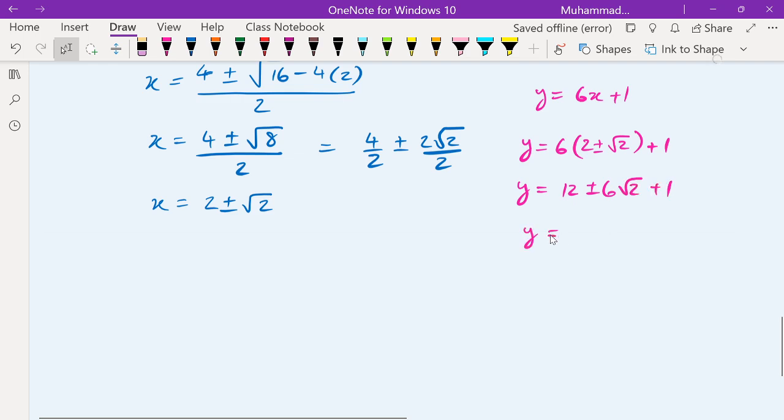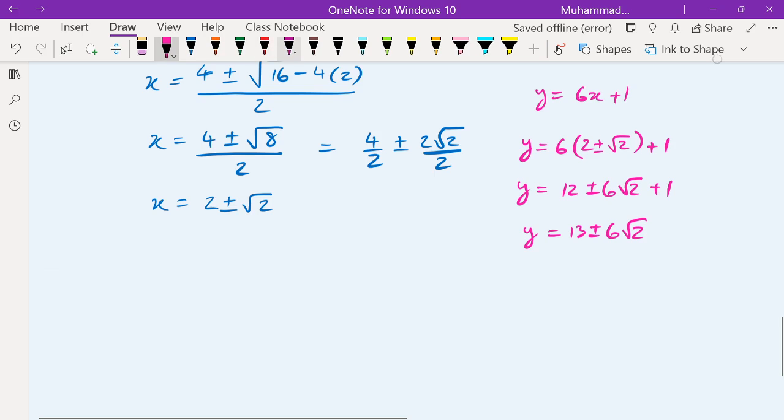So y is going to be 13 plus minus 6 root 2. And you see there was no swapping or switching in the signs. So for the positive one, this one, root 2, it will be 13 plus 6 root 2. For negative, it will be negative.